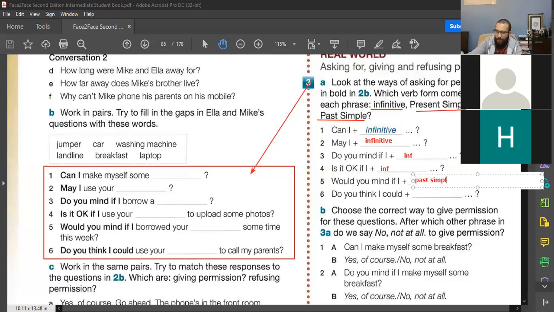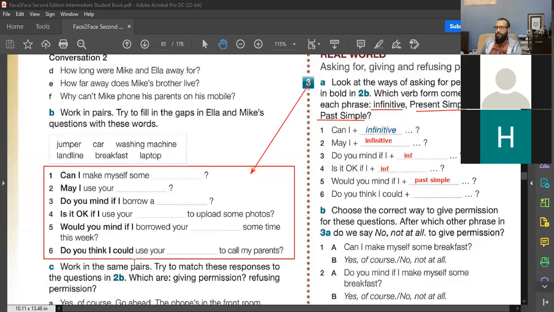Let's write past simple. What about number 6? Do you think I could? Is it infinitive or is it present simple? What do you think? Present simple.